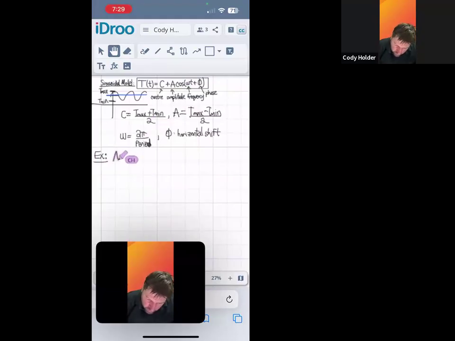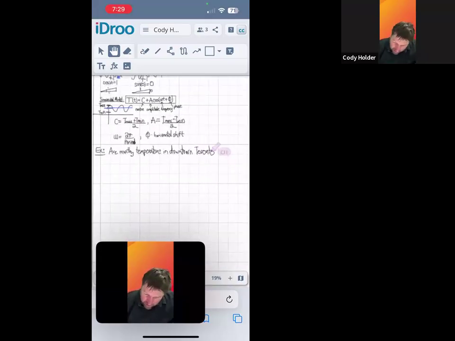So average monthly temperature in, let's say, downtown Toronto, has a minimum in February, and to avoid negative signs, we'll use Fahrenheit, 20 degrees Fahrenheit, and this is actually the average temperature in February in certain years.